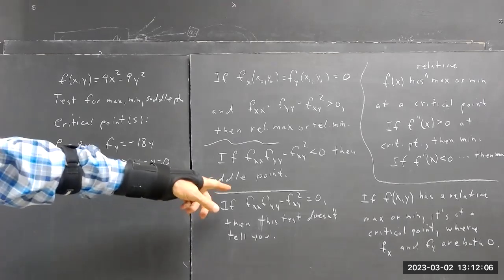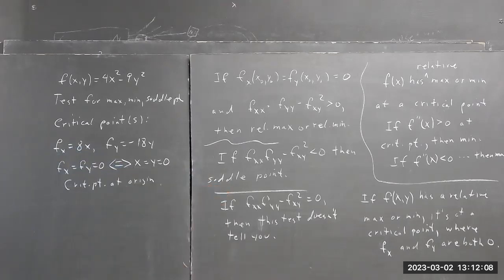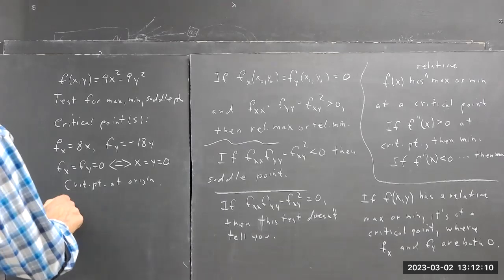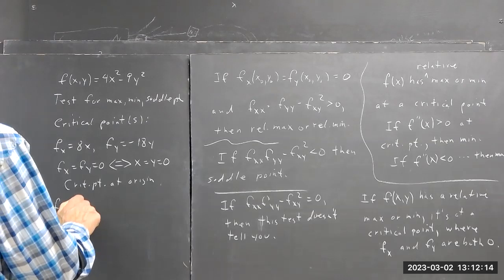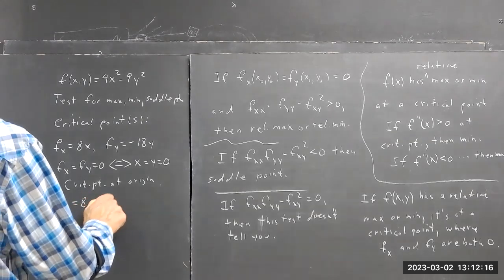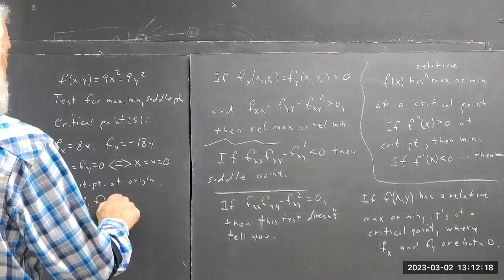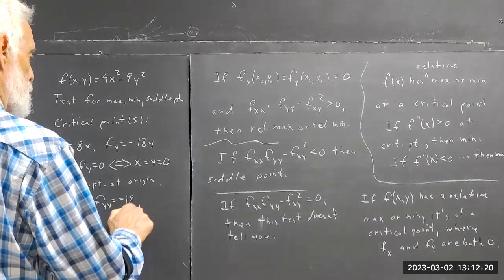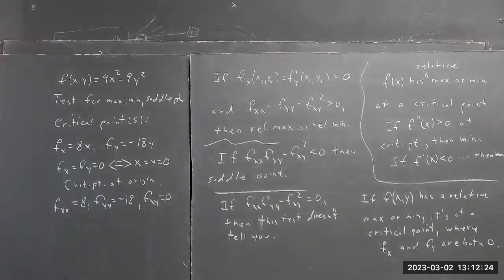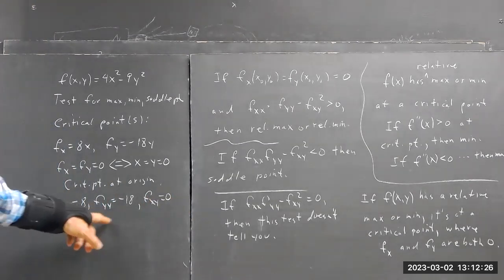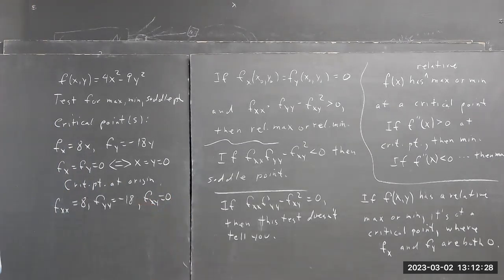Now, what does the test tell you? Well, fxx is 8, fyy is 18, fxy is 0.